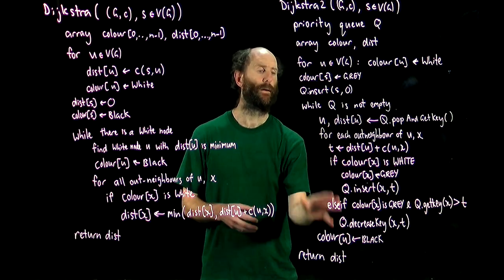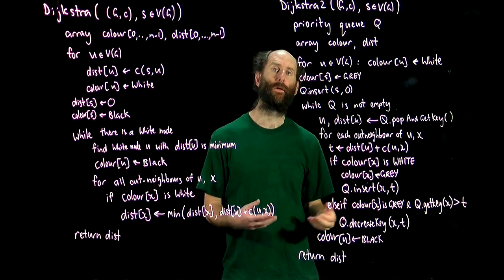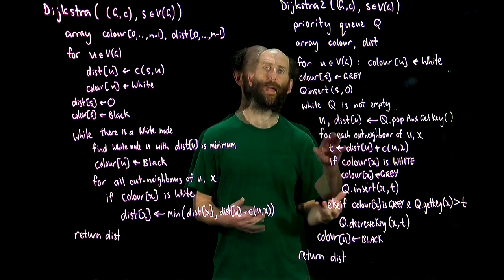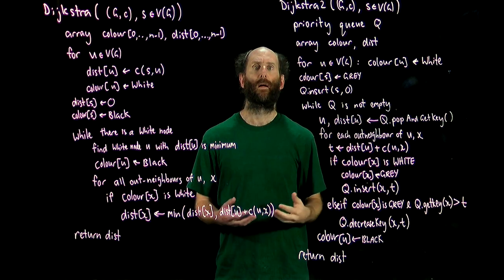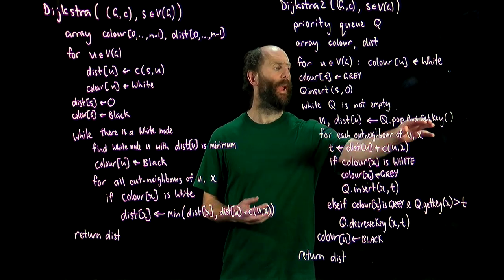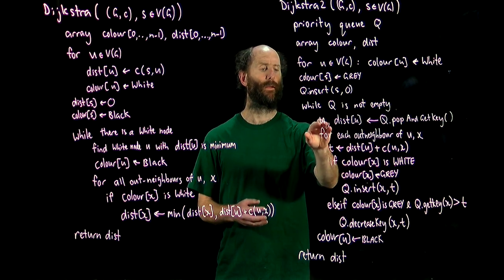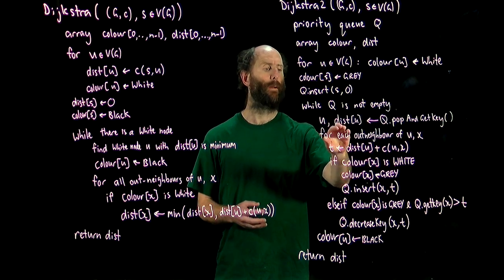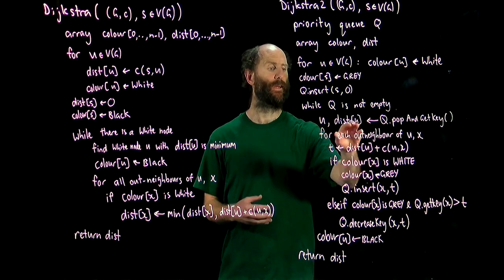So here we are in the main loop, where we'll stay until everything has gone into the queue, come back out and turn black. So at the top of this loop, we find the node at the front of the queue, we pop it off the queue, and while we're doing that, we'll record its key. So we'll call the node at the front u, and we'll record in dist its key.